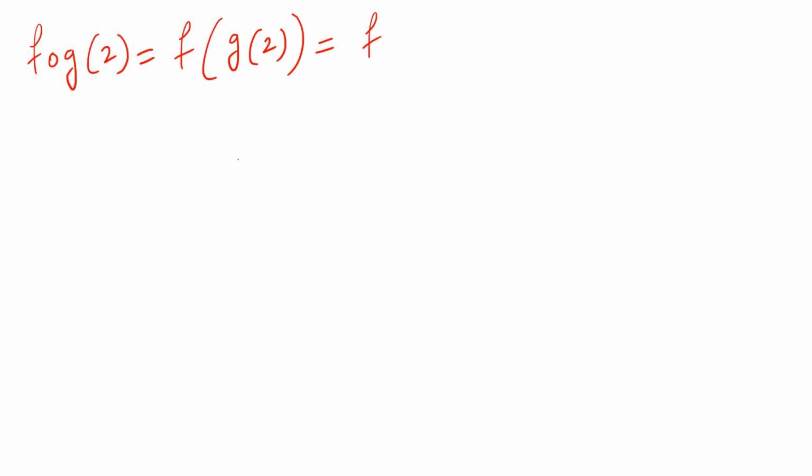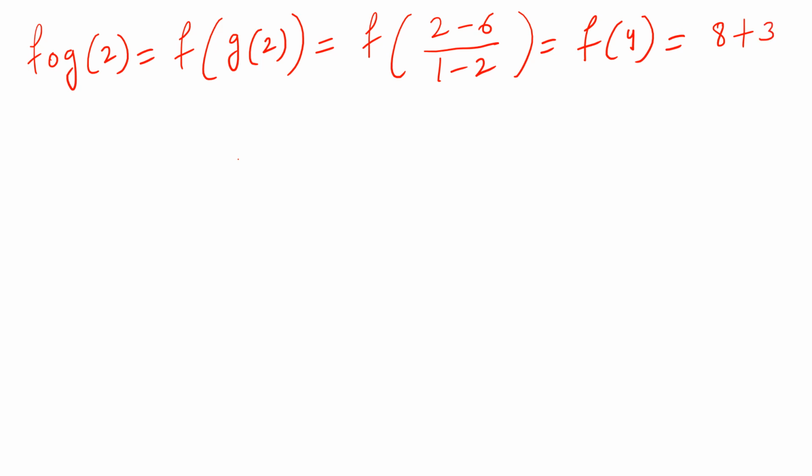So it becomes f of (2 - 6)/(1 - 2), and this is f(4). f(4) you can easily find by putting x = 4 in the function f(x), and this is (8 + 3) divided by 22. This is 11/22, or equal to 1/2.